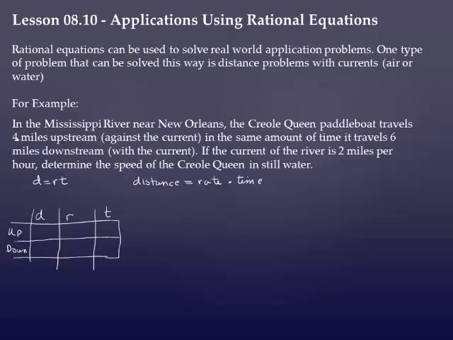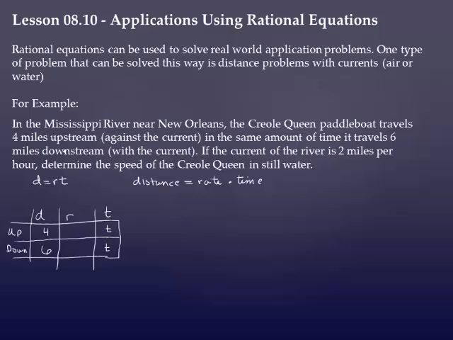In this instance, we do know the distances: 4 miles upstream and 6 miles downstream. Time will be the same each time. We don't know what that time is, but we know that the time is the same.